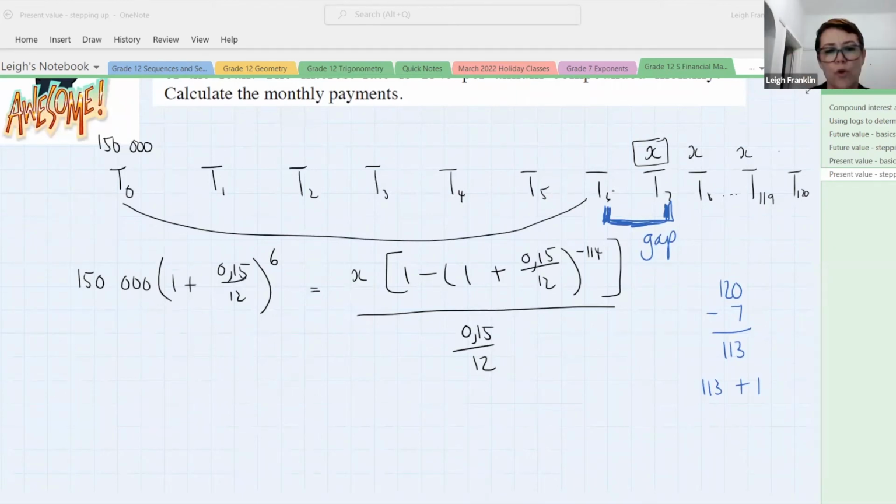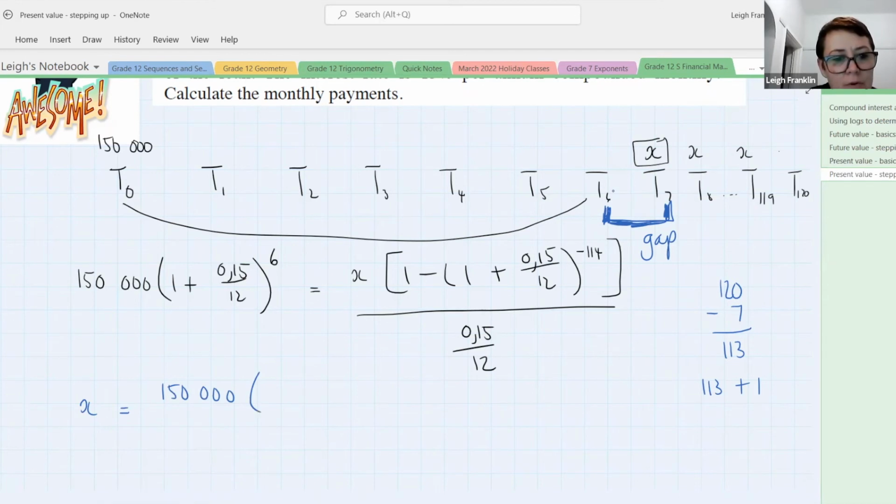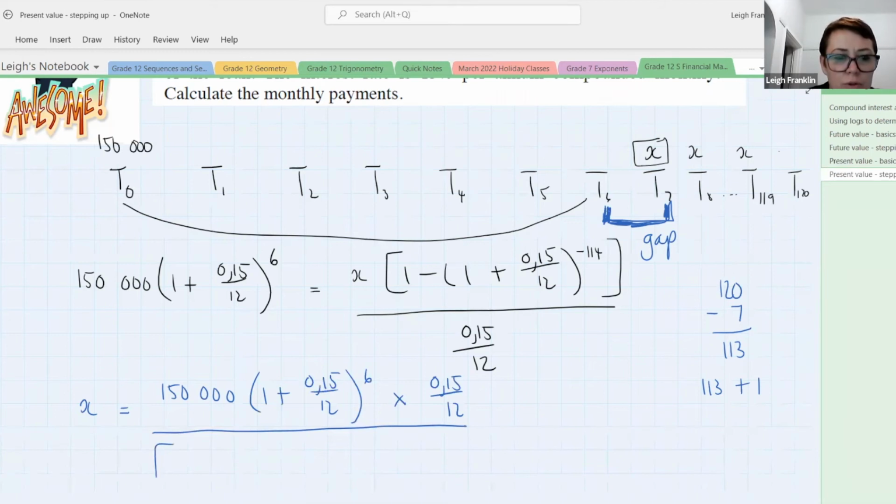So now you're going to cross multiply. This is the bit that's not so bad. So we've got 150,000, 1 plus 0.15 over 12 to the power of 6, multiplied by that. And then it must all be divided by this huge big bracket, 1 minus 1 plus 0.15 over 12.